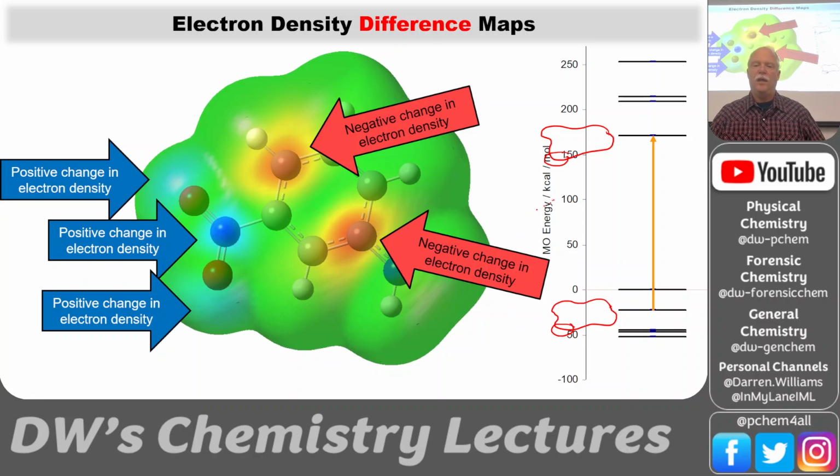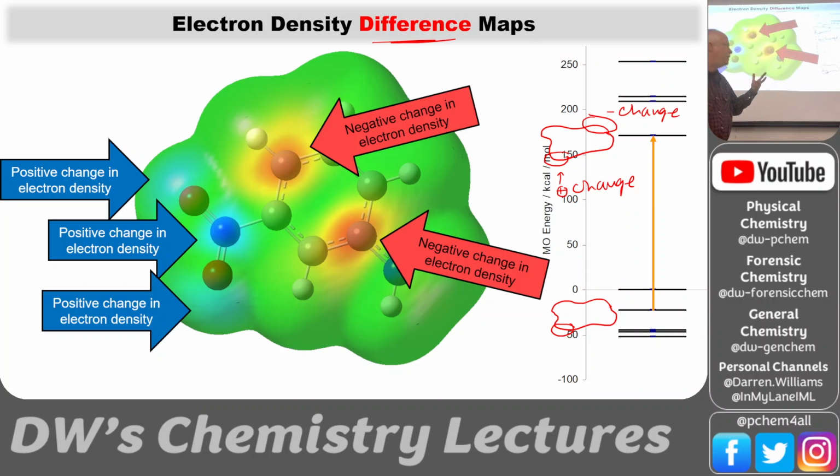And so we're going to call that positive change. So we're looking at a difference map. So how did the electron density change? And then it got smaller over here. So that's a negative change.